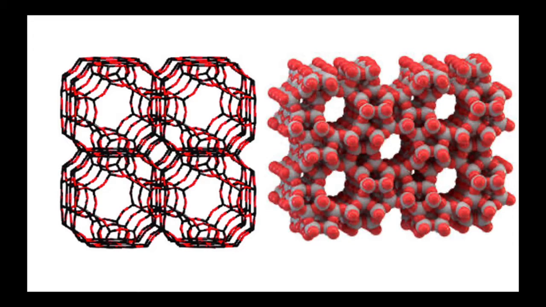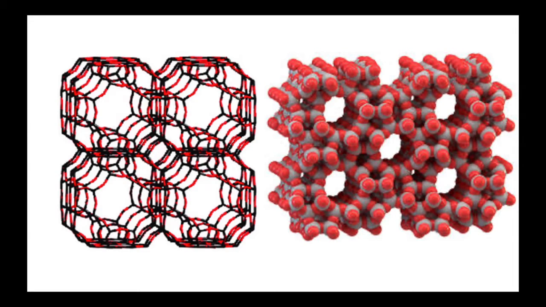These images are showing you the structure of zeolite catalysts, and what you can see here is that it's a very open structure. So it's got holes going through the structure, and that means that not only can reactants go onto the surface from the outside, but also through the holes they've then got an additional surface area.